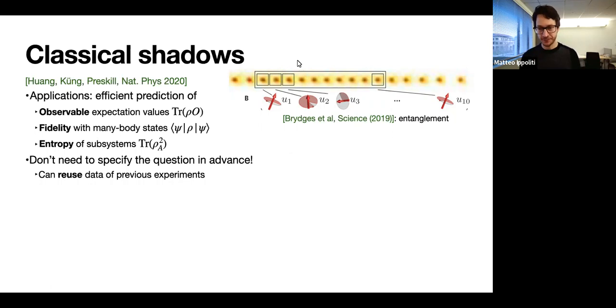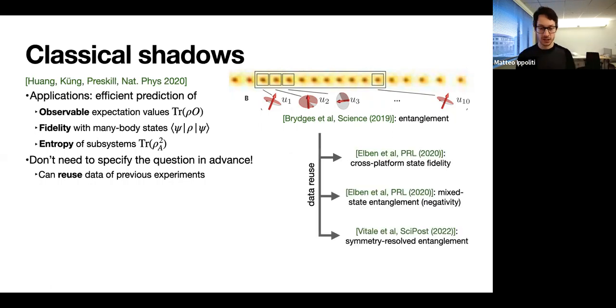And so that same data set could then be reused to learn other things about that same experiment. So for example, in the years following, the same group and other groups have used that data set to effectively measure different quantities like fidelities, entanglement negativity, or symmetry-resolved entanglement.